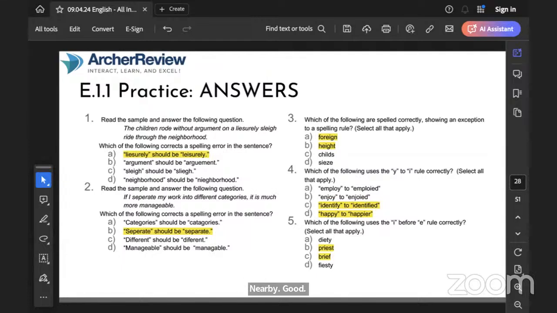Number 3. Why is D not correct? So C's, which of the following are spelled correctly and show an exception to a spelling rule? This one's spelled incorrectly.